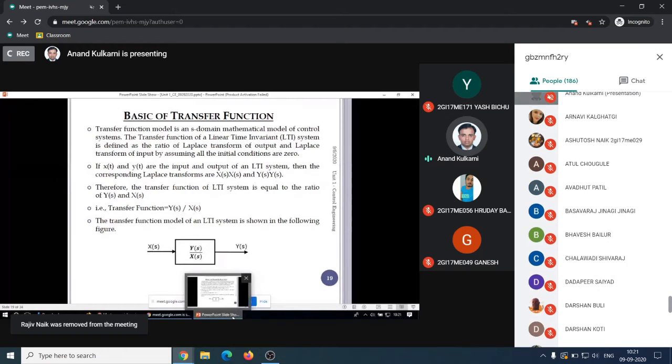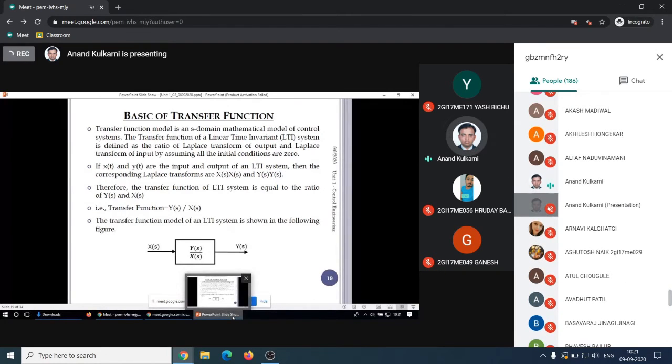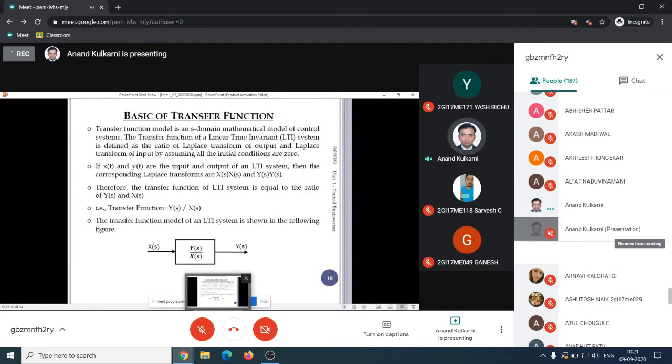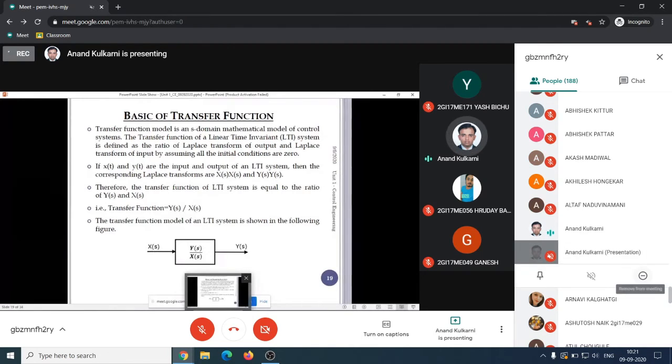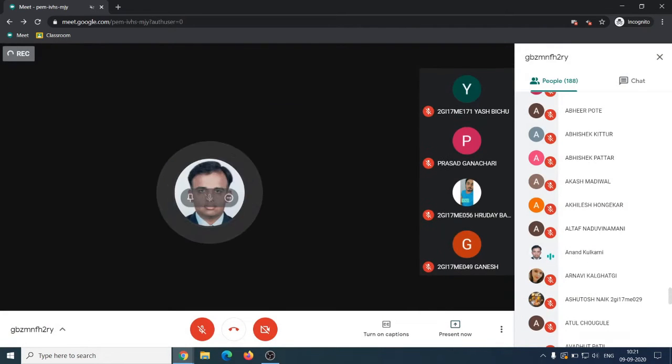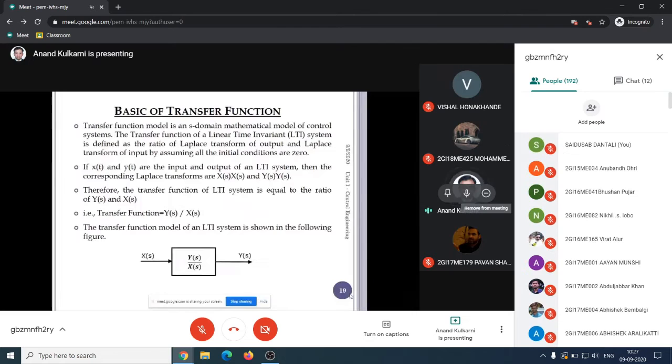To design a particular type of controller, you should have a proper understanding of the input and output, which input and which output we are interested in. In a particular system, there may be a number of inputs and outputs. But in general, we are talking about a single input, single output type of system. See here, this is a basic transfer function, which will give the relationship between input and output.